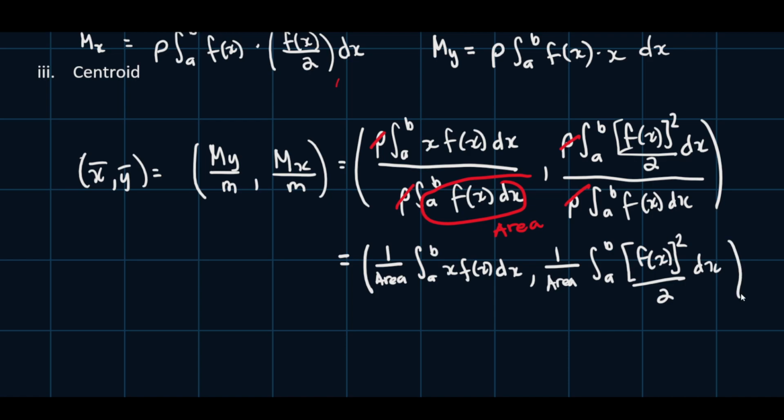Now, to make it cleaner, let's take out the over 2. So we have 1 over twice the area times the definite integral from a to b of f of x squared dx. Okay, so we're going to make use of this formula in order to get the center of mass of a plane region, or the centroid of a plane region.